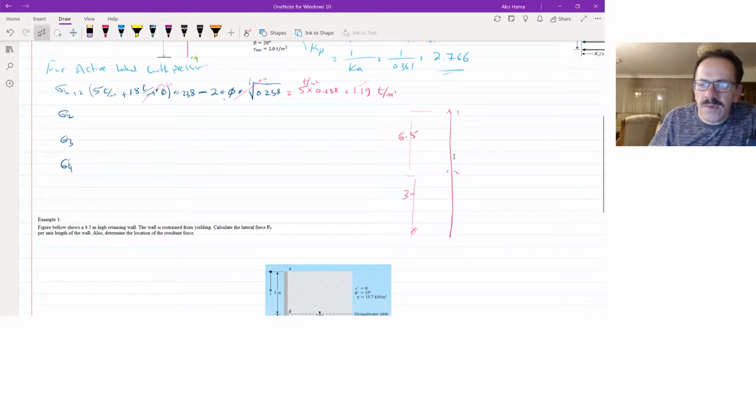So what will be the pressure at that point here? It will be 1.19 ton per meter square. This is the pressure at point 1.